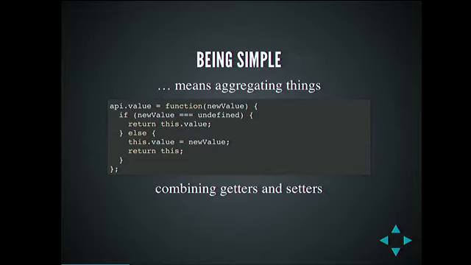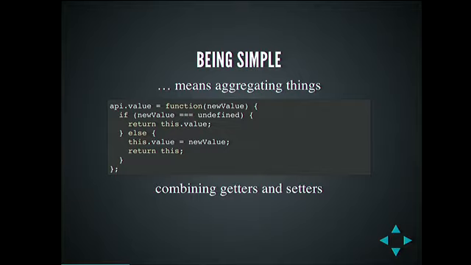Being simple, like with the search example, is about keeping your API as small as possible. So from the more traditional languages like Java, you're used to setter function and getter function, functions being separate things. In JavaScript, we like to have a single function and have the function decide if it's a getter or a setter.